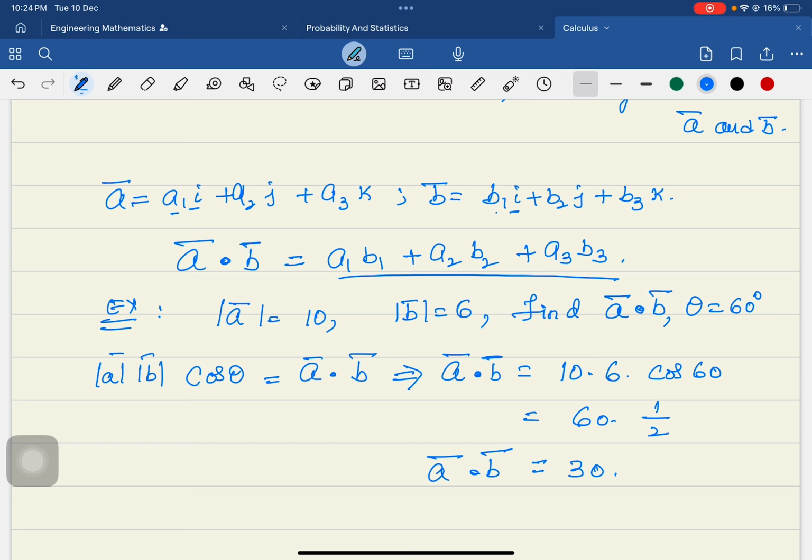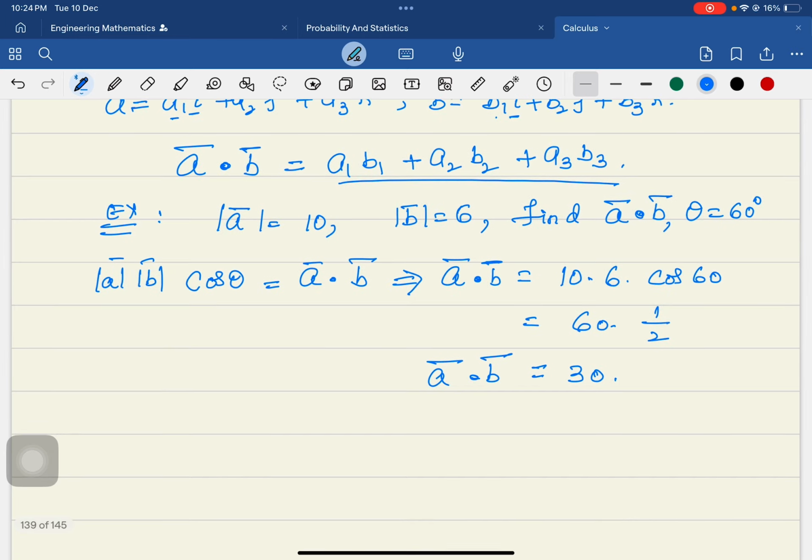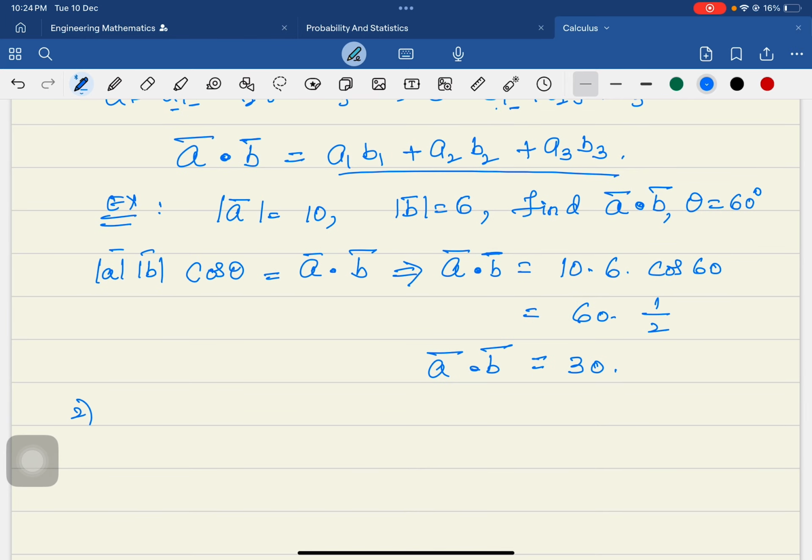Now let us have one more problem on this. Suppose you have two vectors, A equal to 3i plus 4j minus 2k, and B equal to i minus 2j plus 3k.